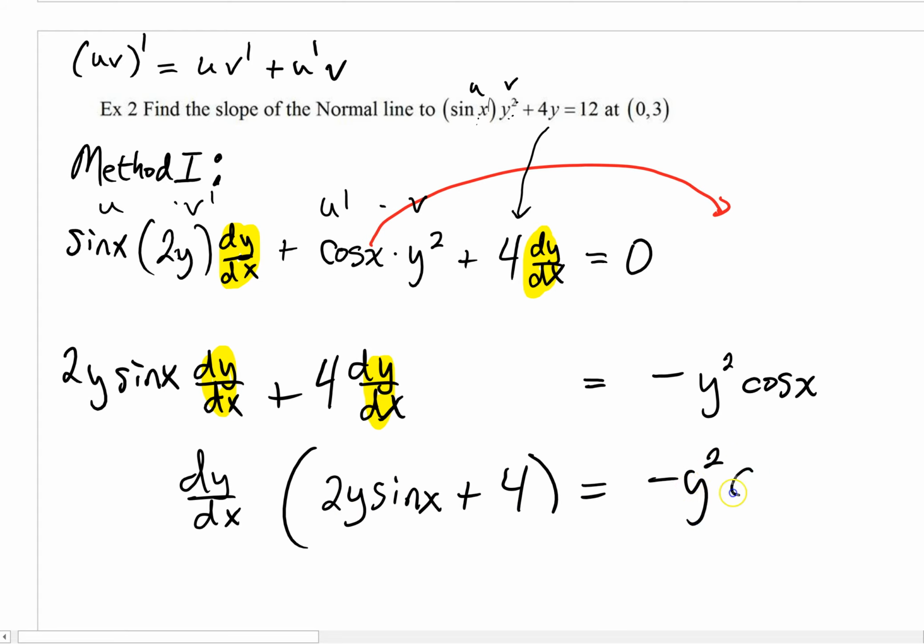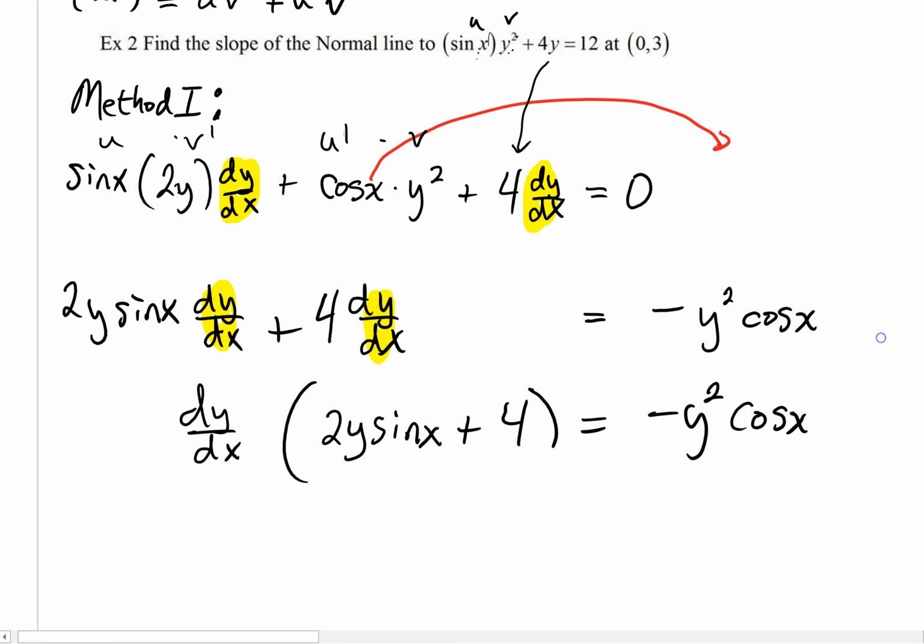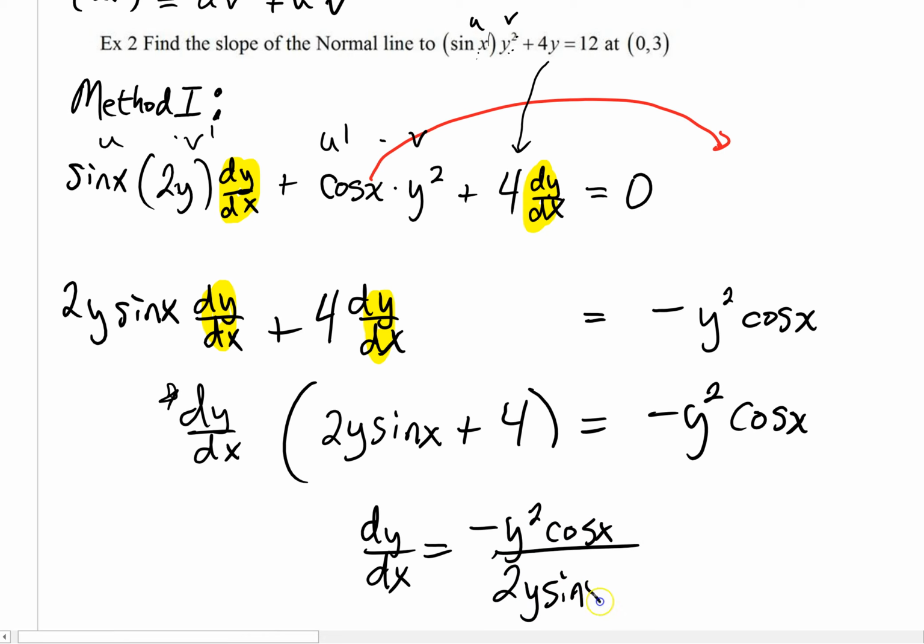You can always double check that you're right by redistributing, remultiplying that in. And then, trying to get my dy/dx alone, I'm just going to divide both sides by that parenthesis right there. Okay? So there you have it.